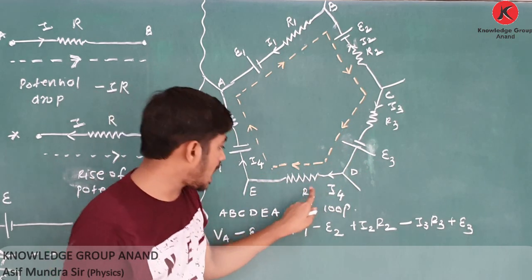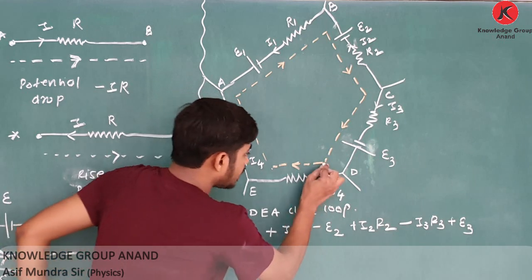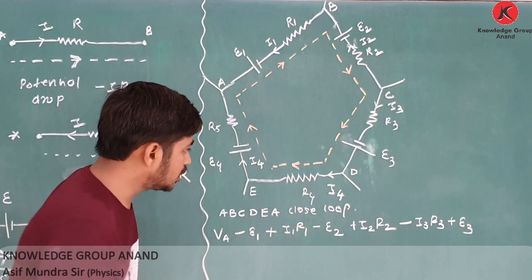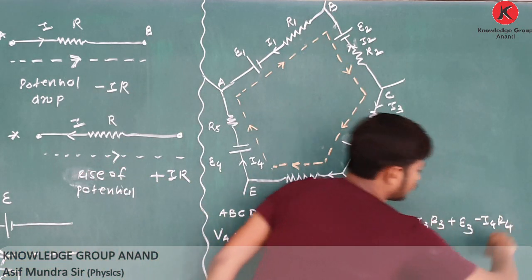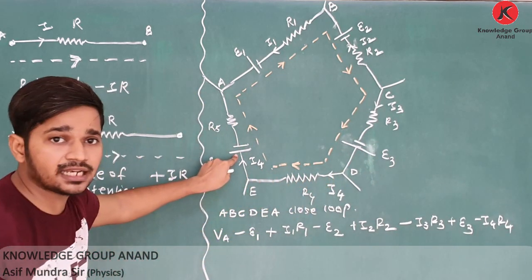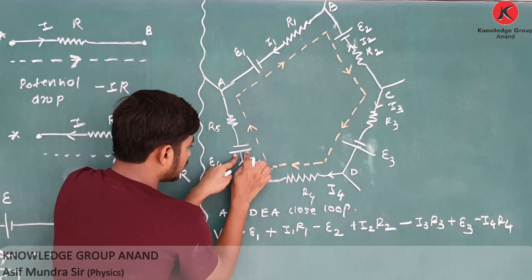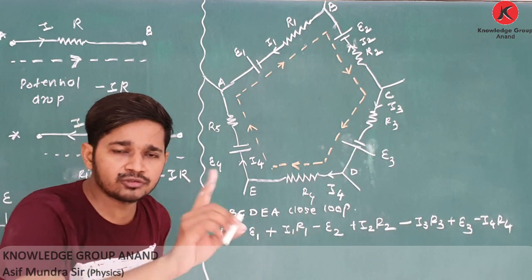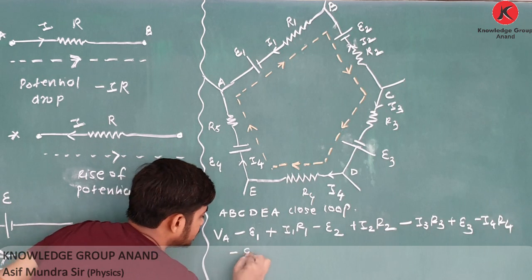Next one is this resistor R4, current flowing through it I4. Again we are moving in the direction of current, so potential drop means you have to write minus I4 R4. Clear about this? Then it is a cell. From this cell we are moving from positive terminal towards negative terminal, which is decreasing EMF, so I can write minus E4.